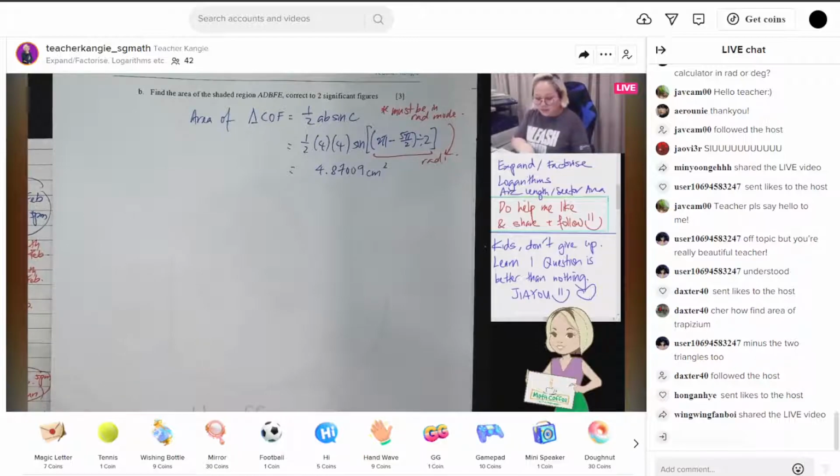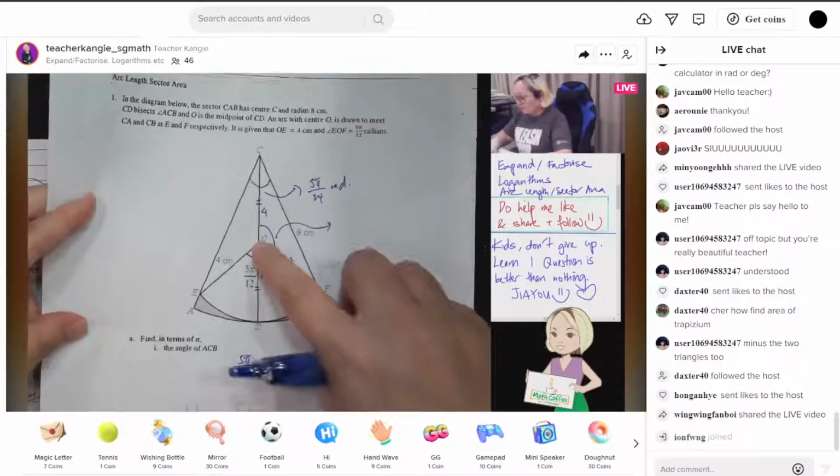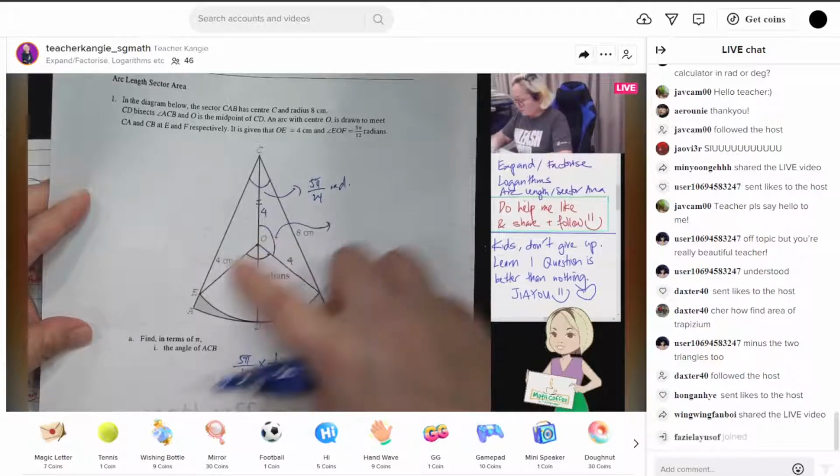Next, I need to find this sector over here.